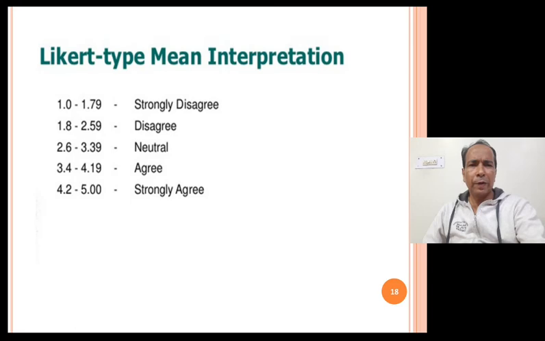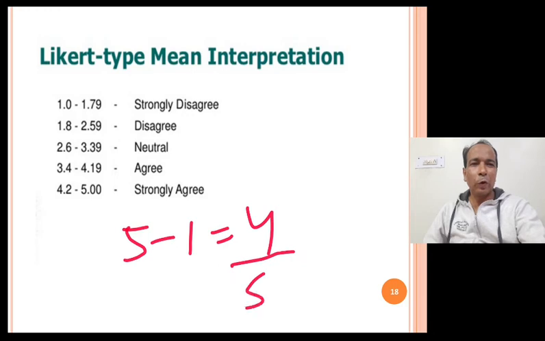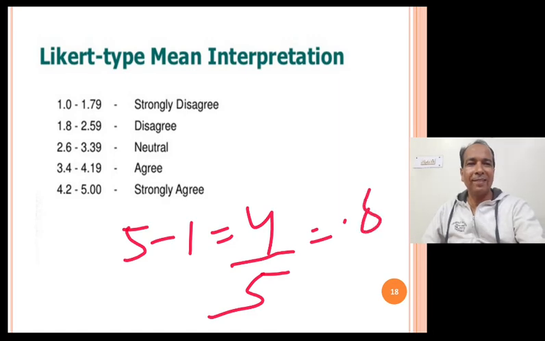From 1 to 5 there is a difference of 4. 5 minus 1 gives you 4, and the choices are 5. So 4 distributed into 5 choices gives you a difference of 0.8.